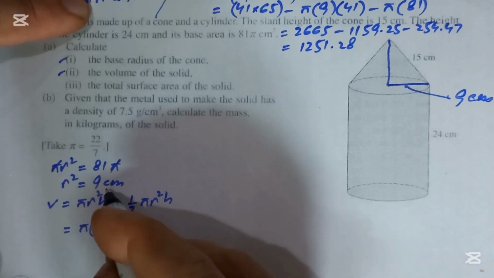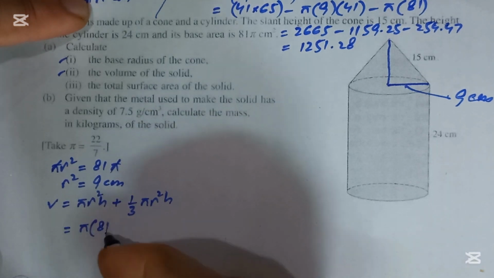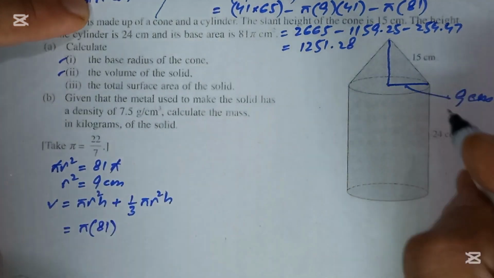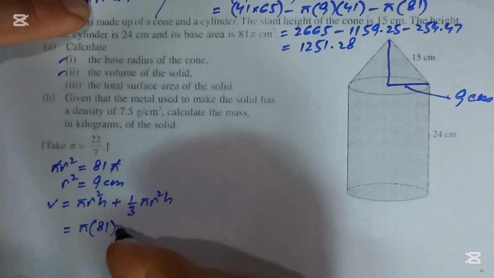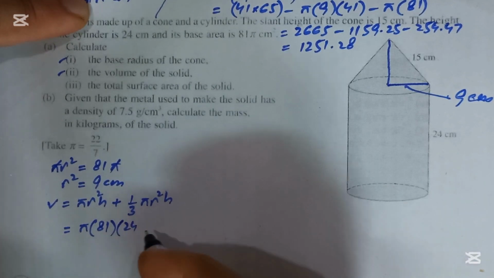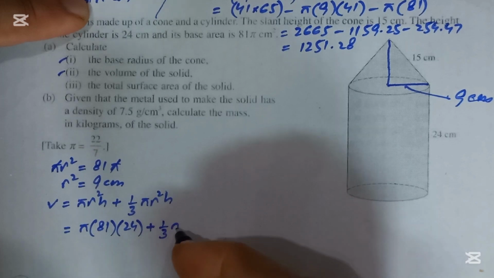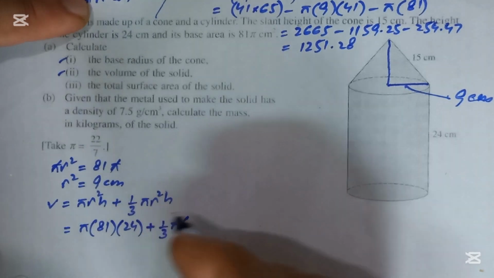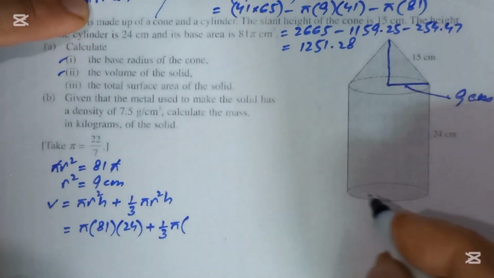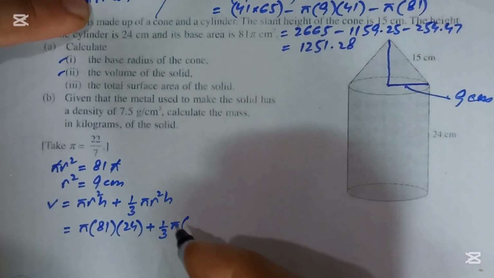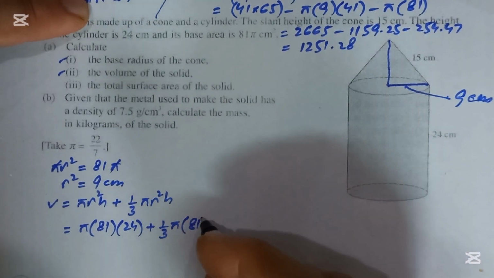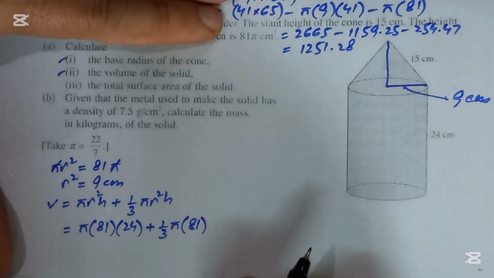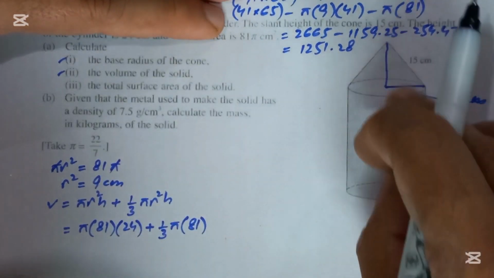R will be 9, square is 81. Height of this cylinder is given, that is 24. 1 by 3 will remain as it is, pi will remain as it is. R of the cone is the same as the radius of the cylinder, that will be 81. But at this point, look, h is missing for the cone.